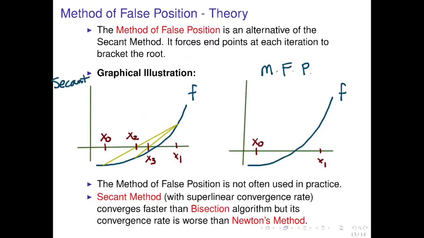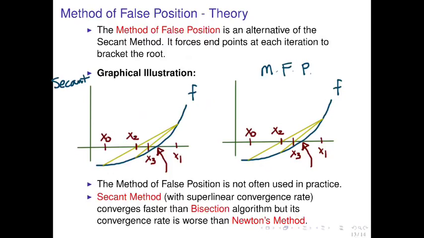Notice that the desired root, located right there, is to the right of the entire interval between x2 and x3. Therefore, x2 and x3 do not bracket the desired root.